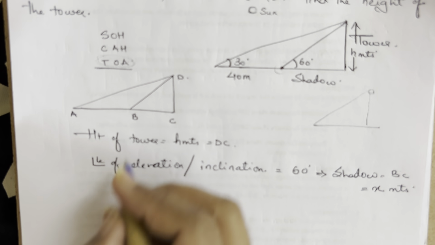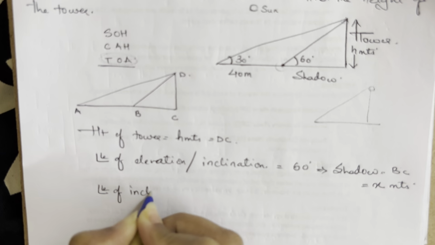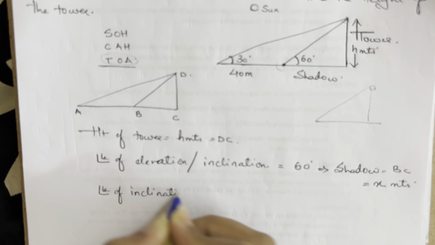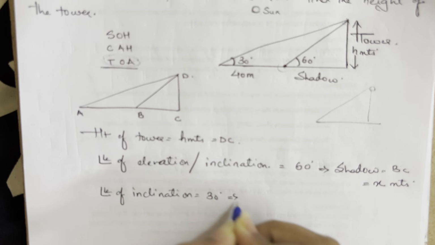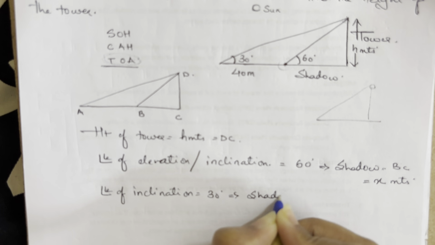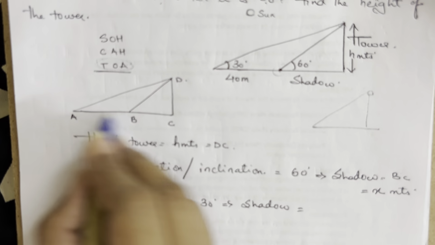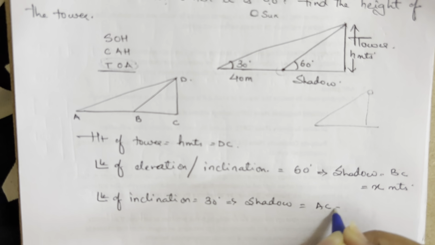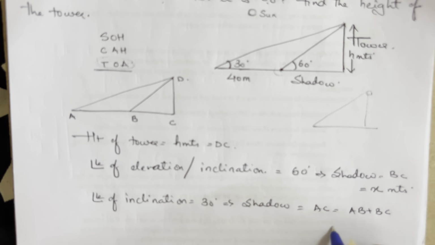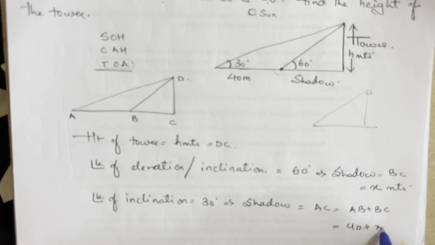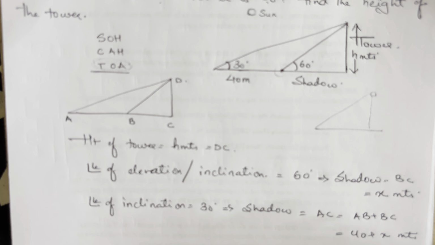Then when the angle of elevation or inclination is equal to 30 degrees, how much is the shadow becoming? Shadow is AC, which is AB plus BC, which is 40 plus x meters.